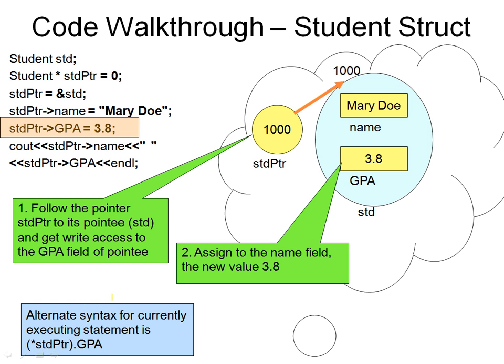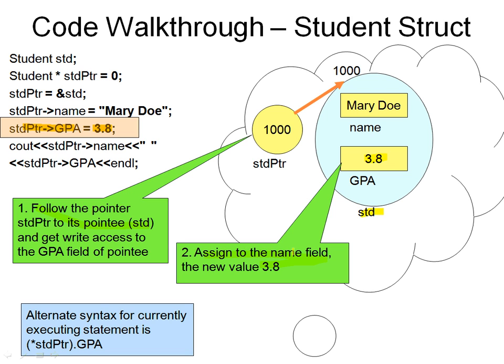In the next line we do something identical. stdptr arrow GPA equal to 3.8. Follow the pointer stdptr to its pointee, which is std. Get write access to the GPA field and assign, not to the name field but to the GPA field, a value of 3.8.